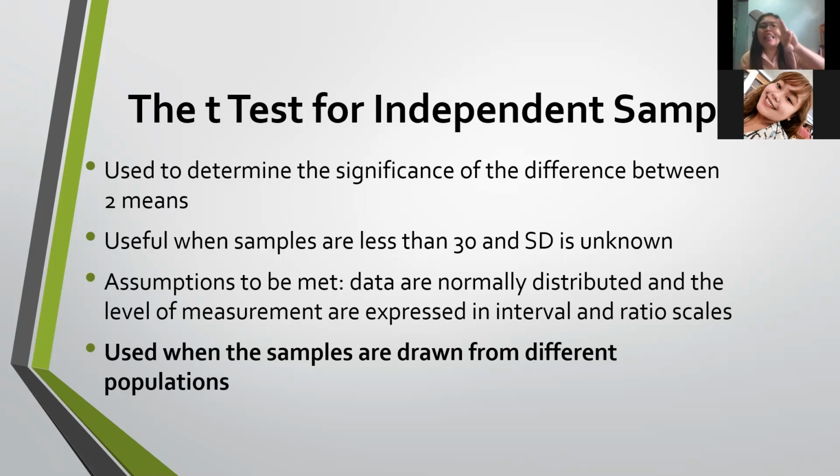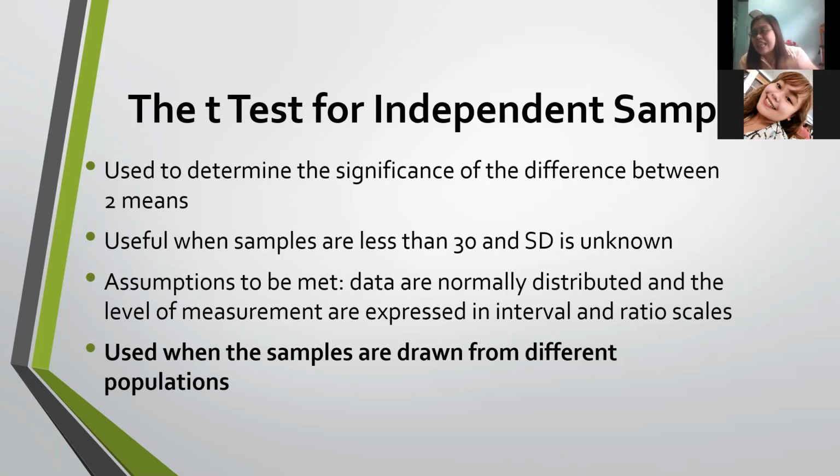And then another thing, those two groups should be independent from each other. Meaning, your samples, class, are different from the one group, and different again from the second group. So they are independent, hence the t-test for independent samples.